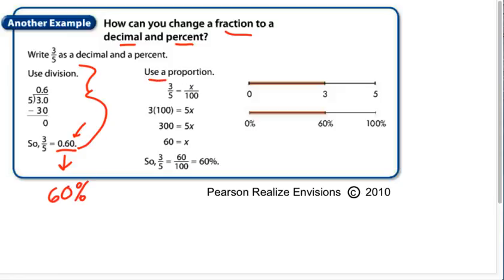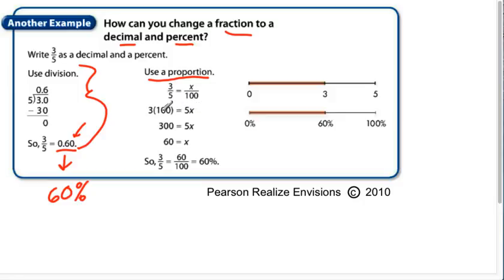Then they show you how you can use a proportion. You take your fraction, 3/5, and you want to change it to an amount based on 100, so you go from 5 to 100. They show that 3 times 100 equals 5 times x.